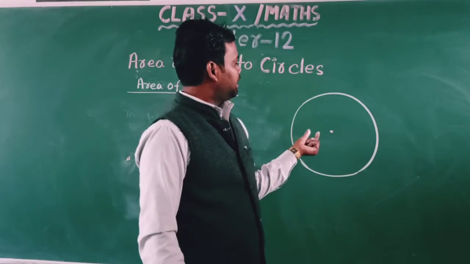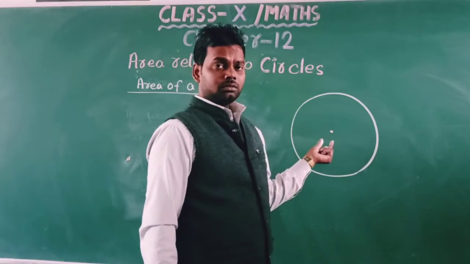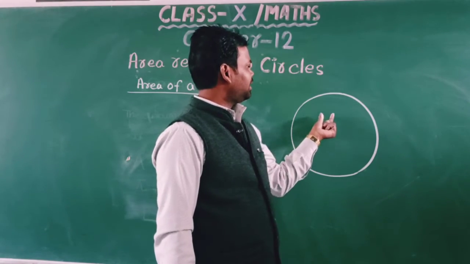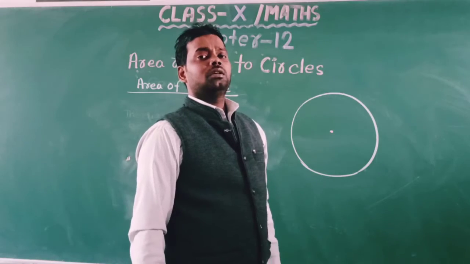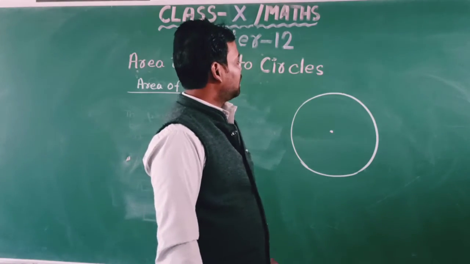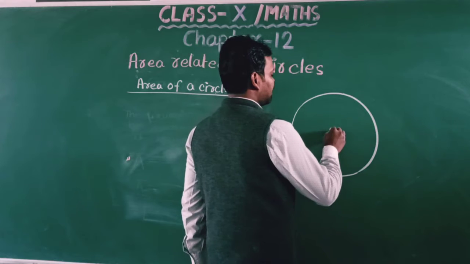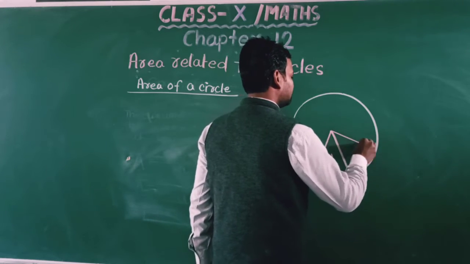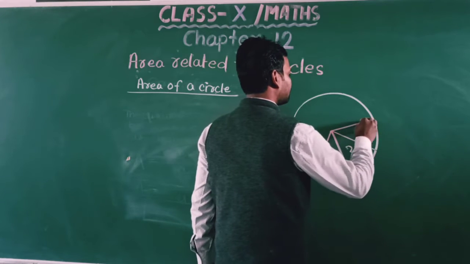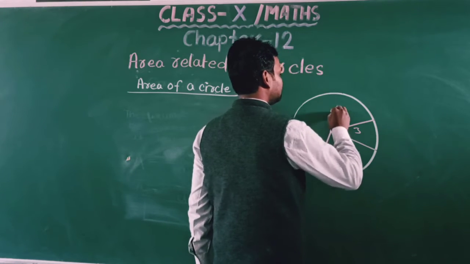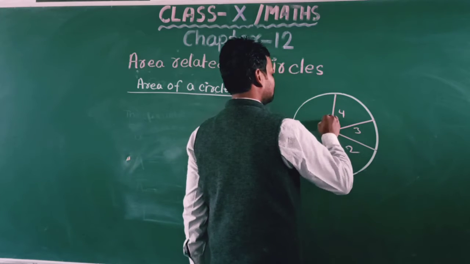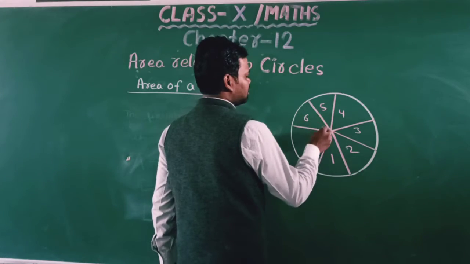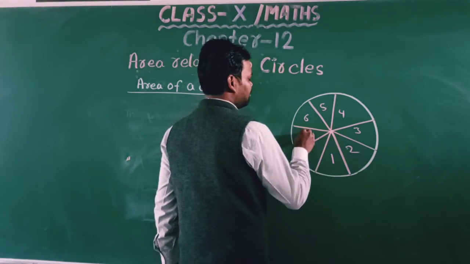Now cut this circle of radius r into an equal number of sectors, like this: 1, 2, 3, 4, 5, 6, 7 and 8.